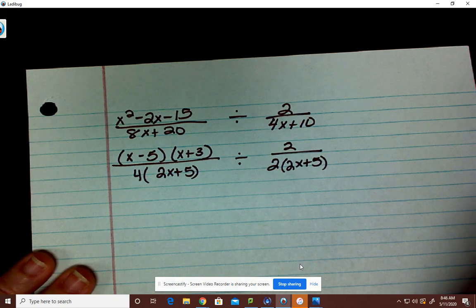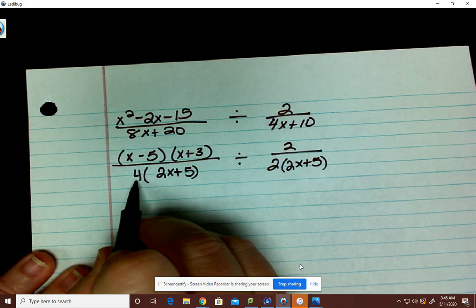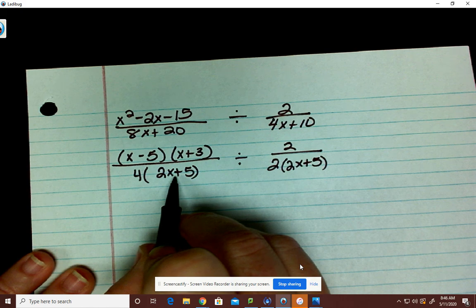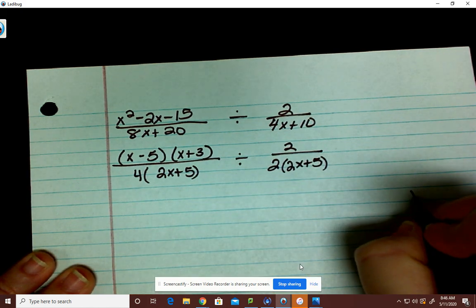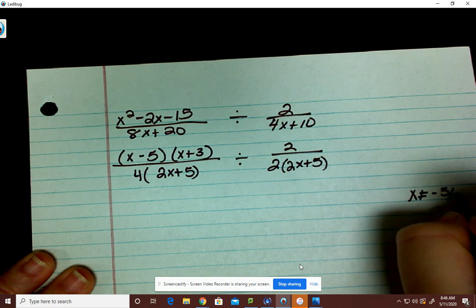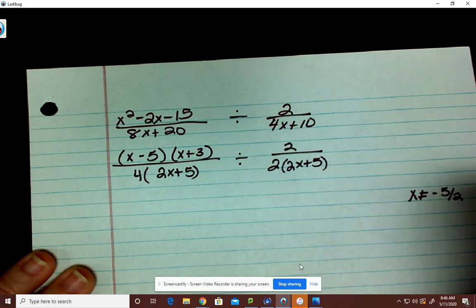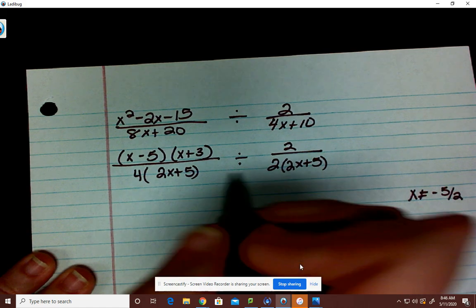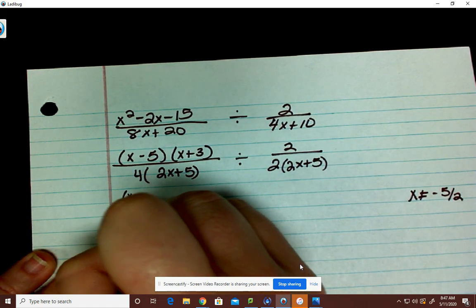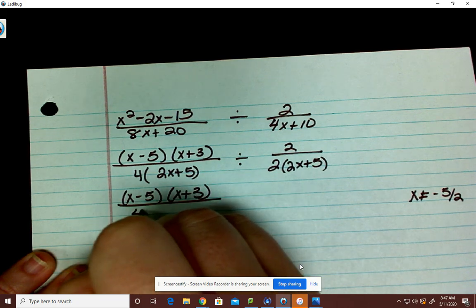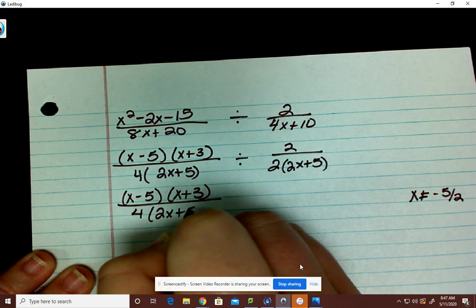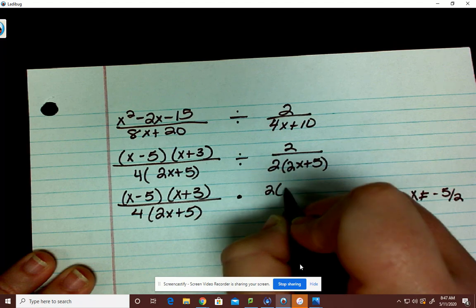Alright, then domain exclusions, 4 won't ever equal 0, 2x plus 5, what will make that 0? Solve that and we get negative 5 halves. 2 will never equal 0, and again we have negative 5 halves. Alright, so we keep, switch, flip, so I keep the first fraction. Switch to multiply, flip the second one.